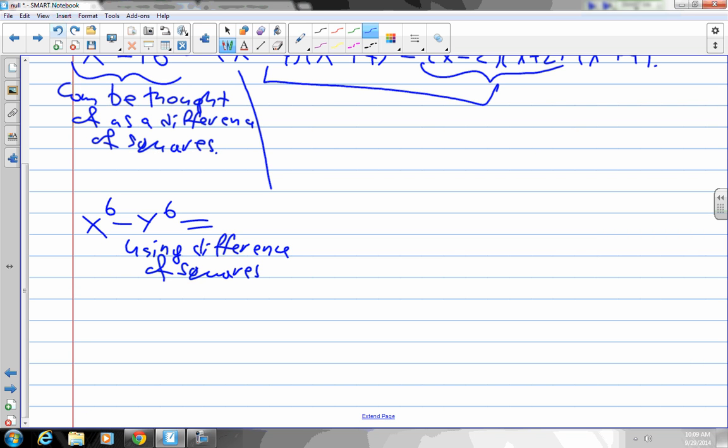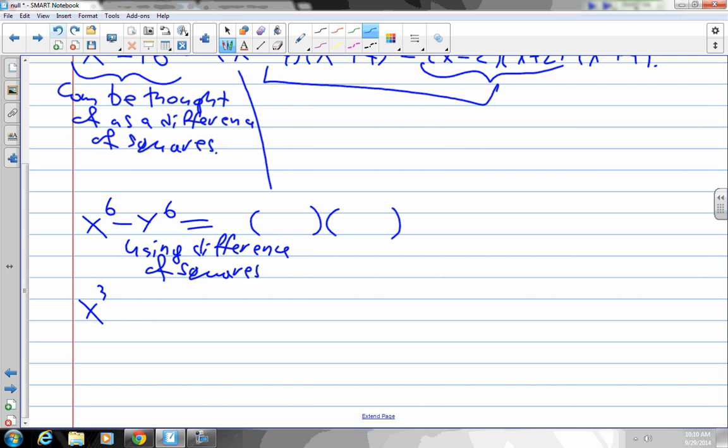how would you break that down? Just using the difference of squares. What are the things that are squared in there? No. Cubed. Because what is squared to get power 6? The cubics.